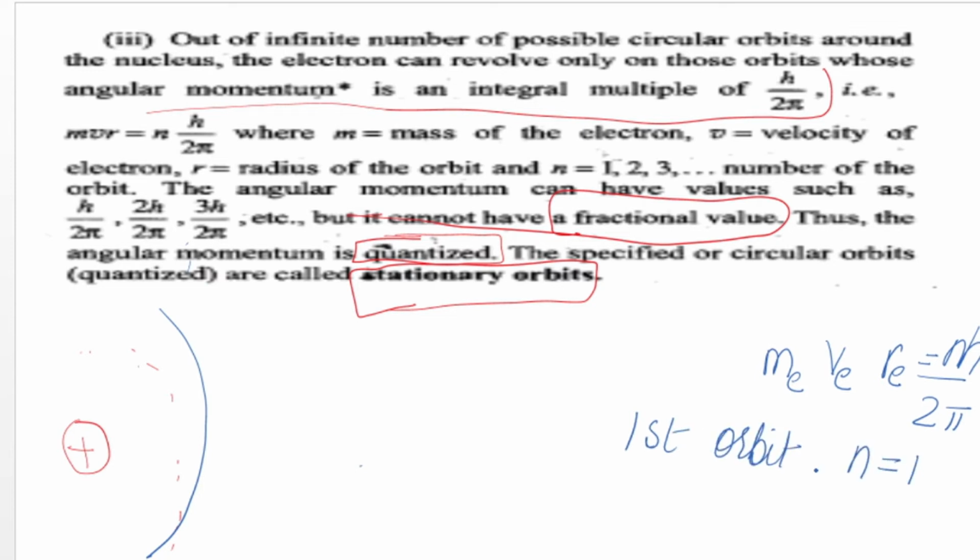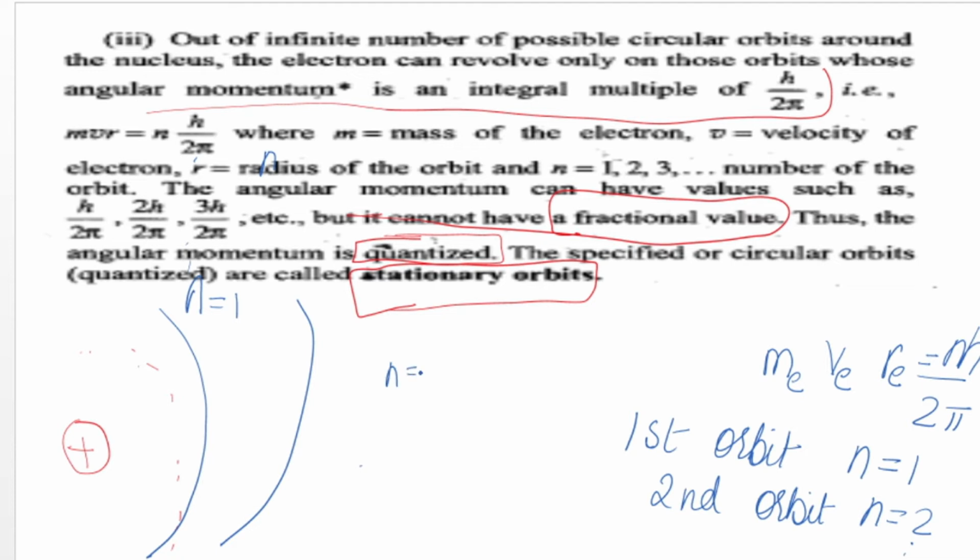Similarly, for the second orbit, n is going to be 2, and so on. So supposing over here the multiples came out, this is my first orbit. Similarly, after some time there is the second orbit. After some time again the multiples were equal, so I get the third orbit, and so on.